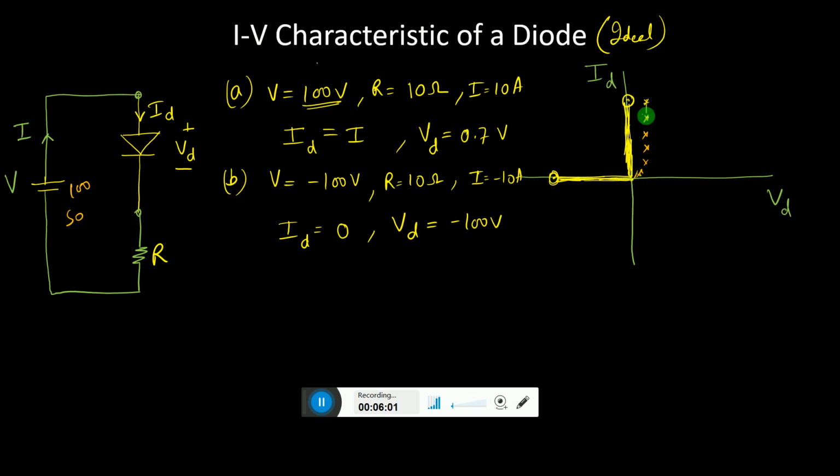So we are getting a curve like this. If the ideal IV characteristics of a diode is asked, it will look like this. So here it is minus V, here it is plus I, and this is what the IV characteristics of a diode look like.